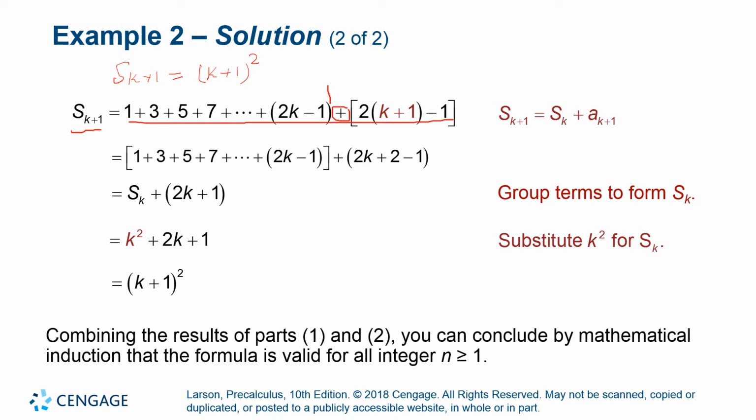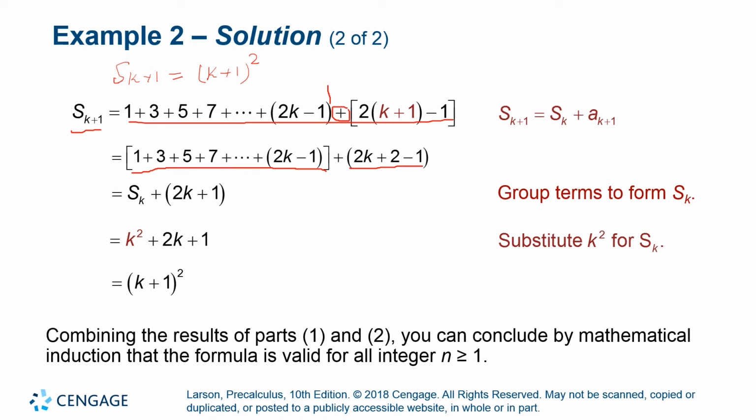This is the next term when k equals k plus 1. And we go ahead and separate those two a little bit. So those are the first step. This is your S of k, and this is the next term, Ak plus 1.